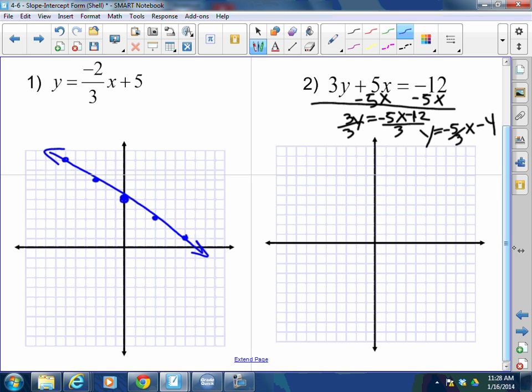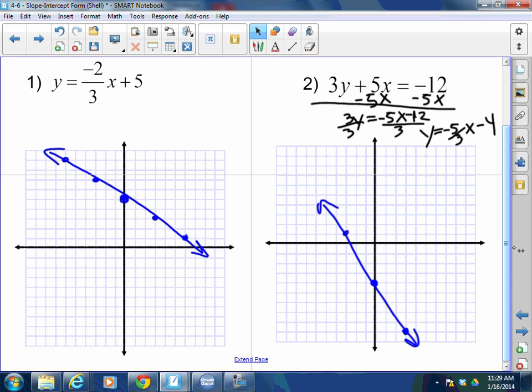What's my y-intercept? 1, 2, 3, negative 4. What's my slope? Negative 5/3. So I go down 1, 2, 3, 4, 5 over 1, 2, 3. Now go backwards. Up 1, 2, 3, 4, 5 over 1, 2, 3. Connect the dots. And I'm golden.